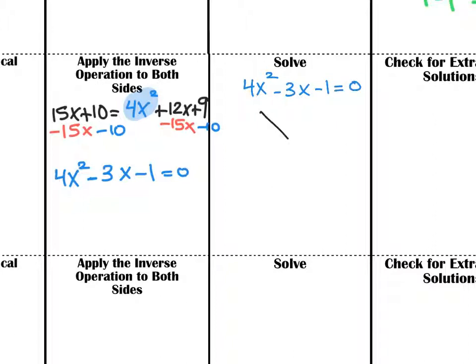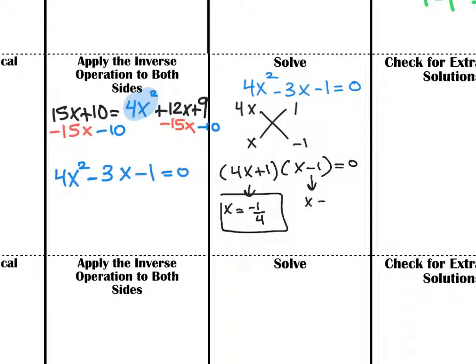Now, what multiplies to give you 4x squared? 2x and 2x, or 4x and x. And now what multiplies to give you negative 1? So negative 1 and 1. So if I cross multiply, that's going to give me negative 4x plus 1x, which is the middle term. So then my two factors are 4x plus 1 and x minus 1.